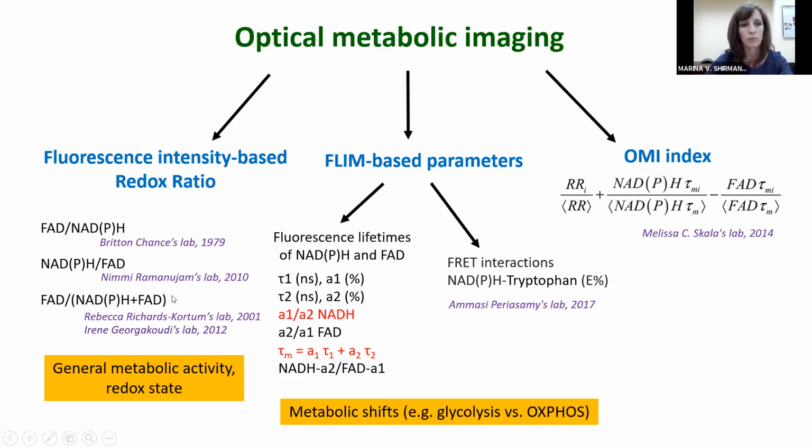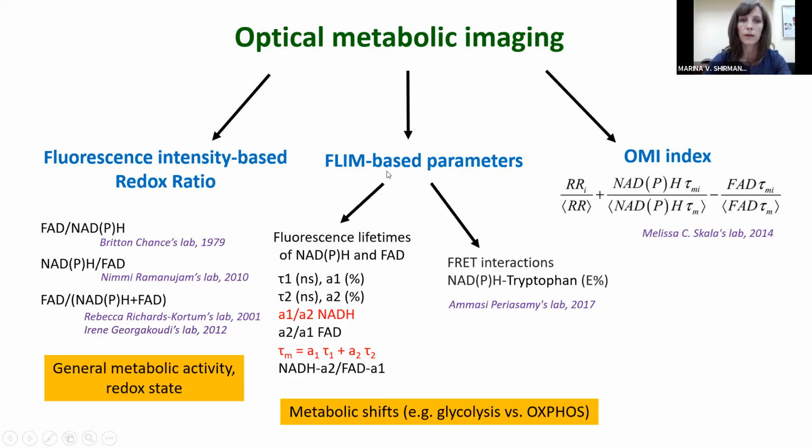But the meaning is that the fluorescence intensity-based redox ratio shows us the general metabolic activity of cells, their redox state, because in more oxidative states, the fluorescence intensity of FAD increases and the fluorescence intensity of NADH decreases, and so you have an increased redox ratio.